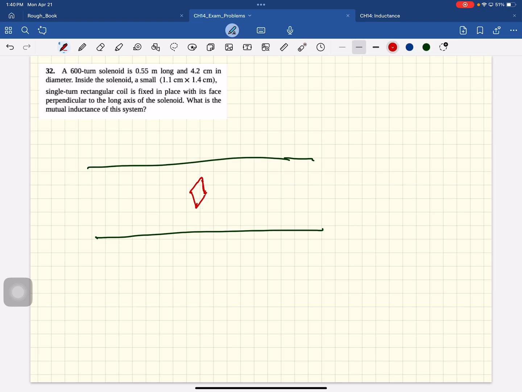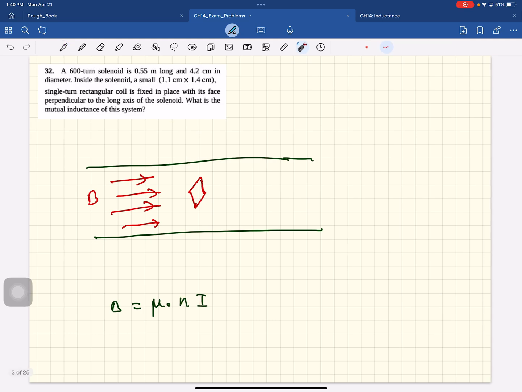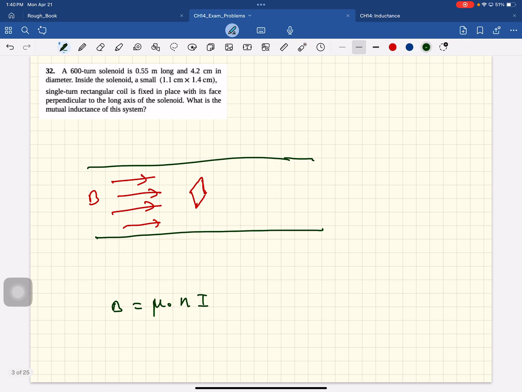All right, so what we're going to use is Faraday's law. So the magnetic field is mu naught n I. Okay, n is the number of turns per unit length in this solenoid.